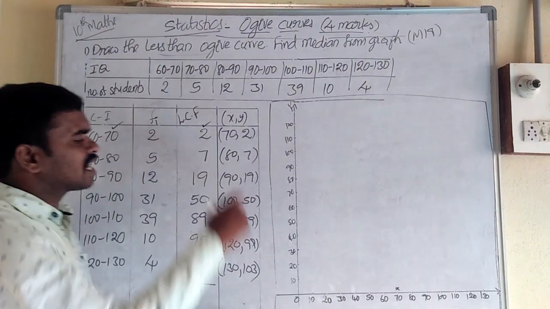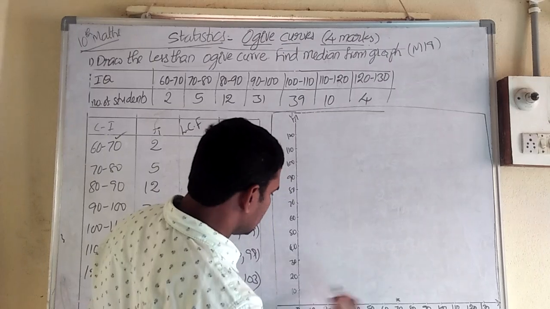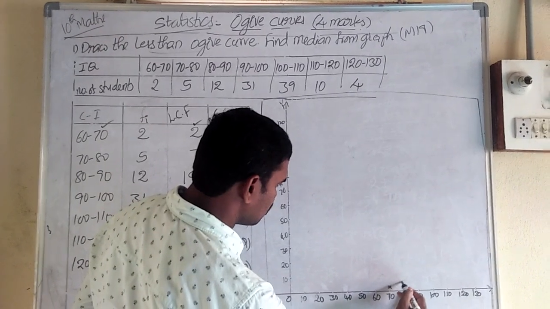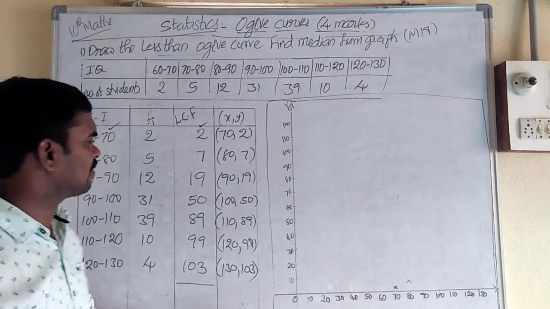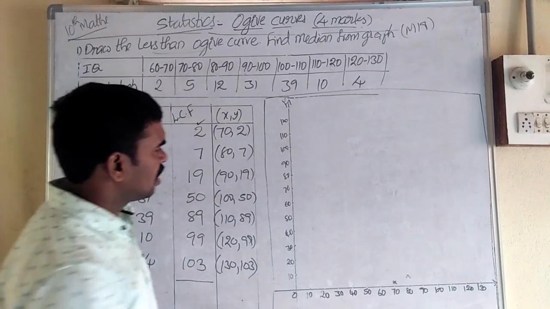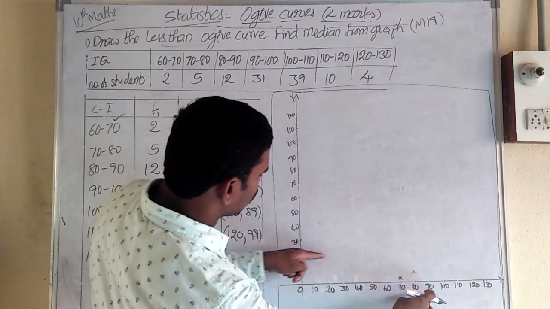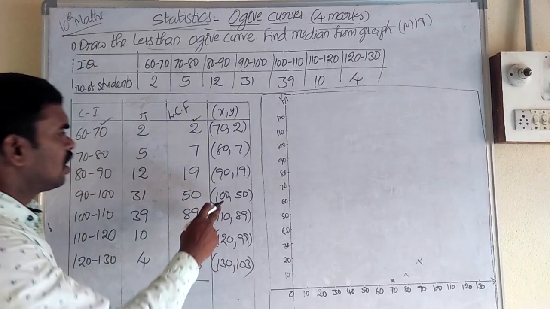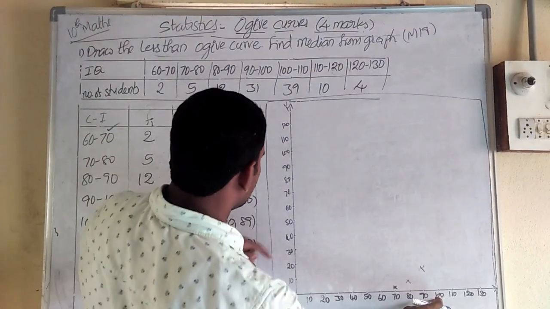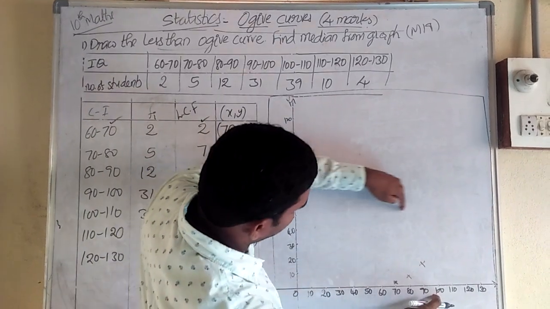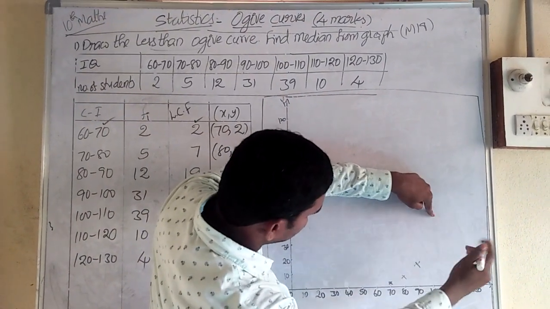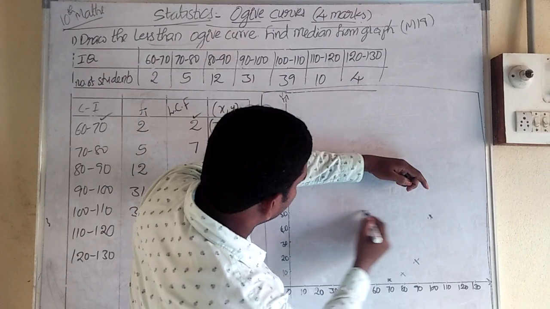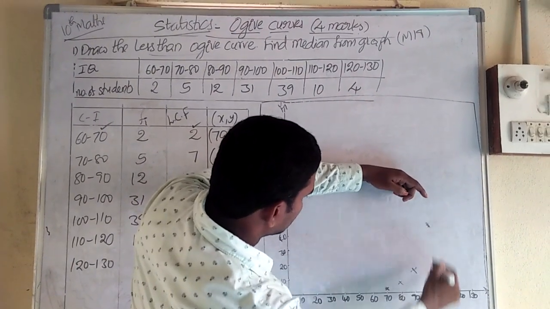Next 80 comma 7. For 80 comma 7, it is a little bit down from 10. Next 90 comma 19, so below 20. Next 100 comma 50.